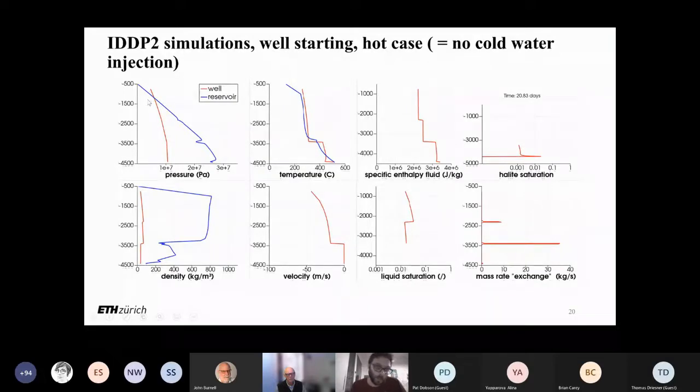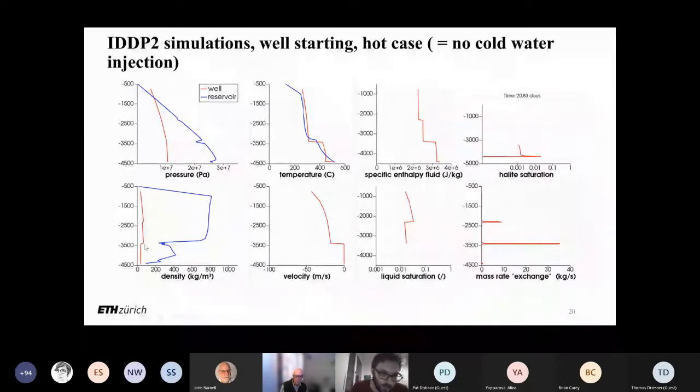By starting the well, you managed to get a very different pressure profile in the well than in the formation, because you managed to draw hot fluids from the feed zones, and those hot fluids, as they rise to lower pressures, will have very low density, and so overall the whole well is going to be operating at very low densities.